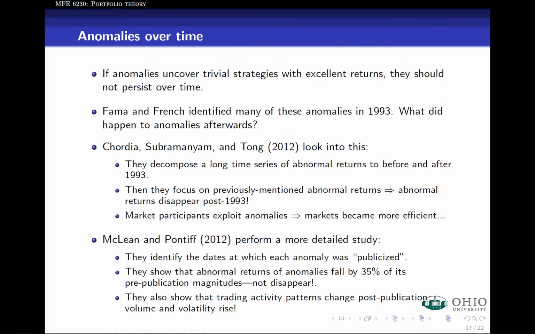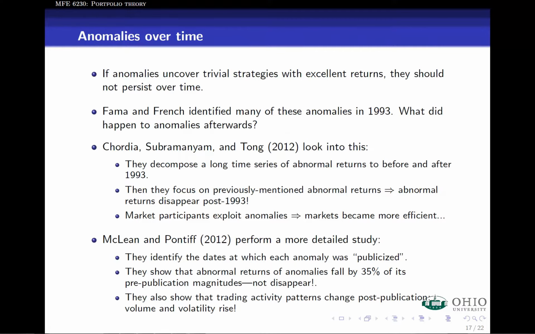Okay? So there is good research that basically shows that these anomalies matter to investors, and investors actually take them seriously. All right. So what if we take the other route that calls these anomalies market inefficiencies that persist, they don't go away, right?